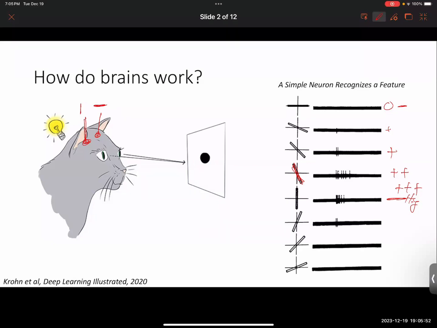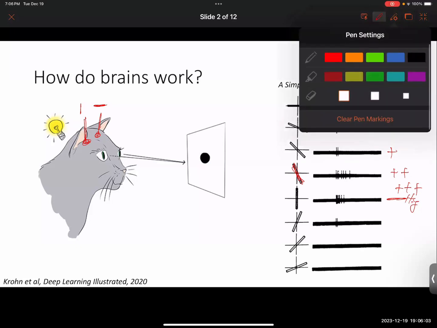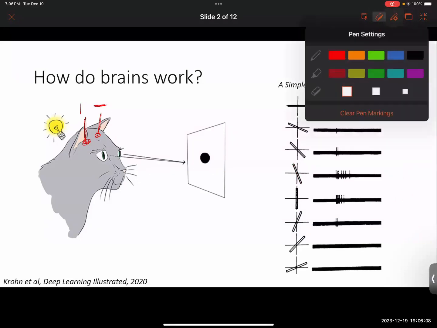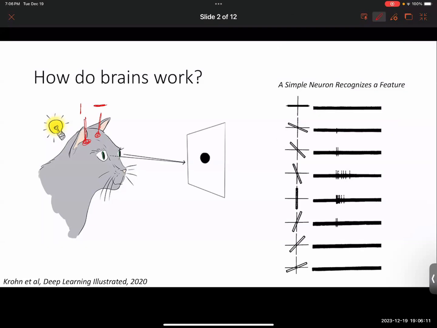If we record the activity in the horizontal neuron, then the horizontal one will have a very high activity, this will be less, and the vertical one will be negative. So basically, that's how neurobiologists found out how the animal brain works.